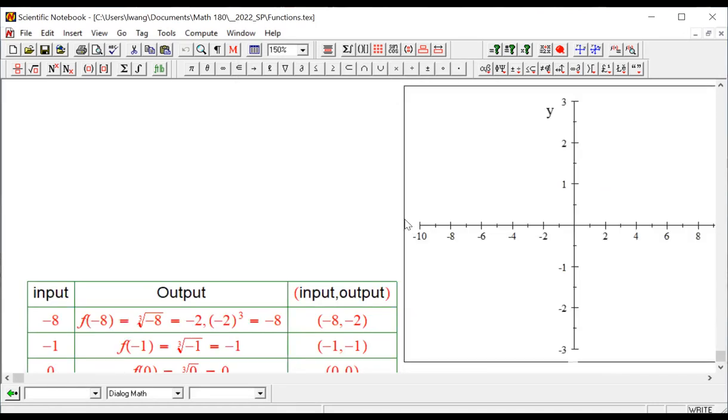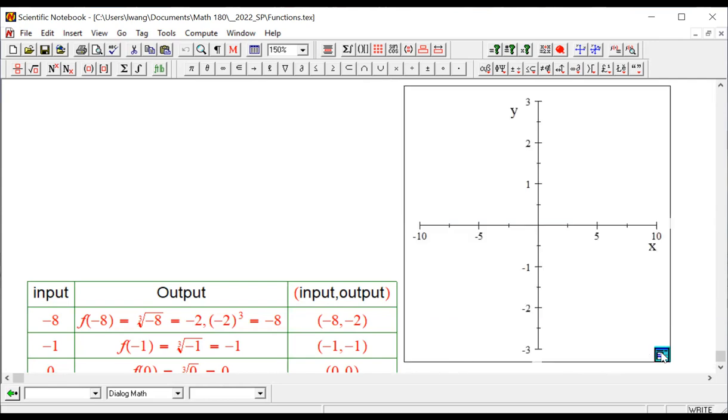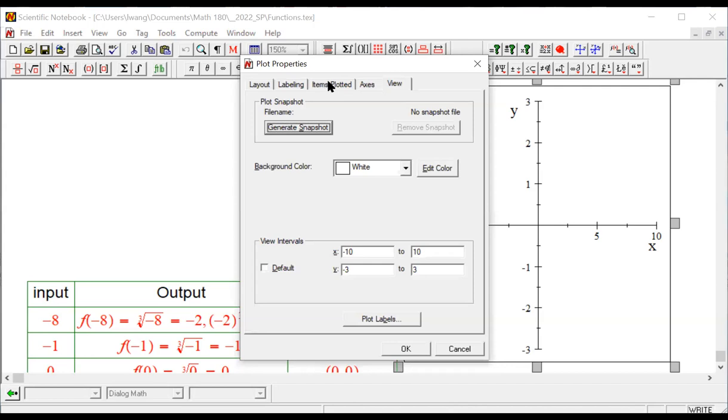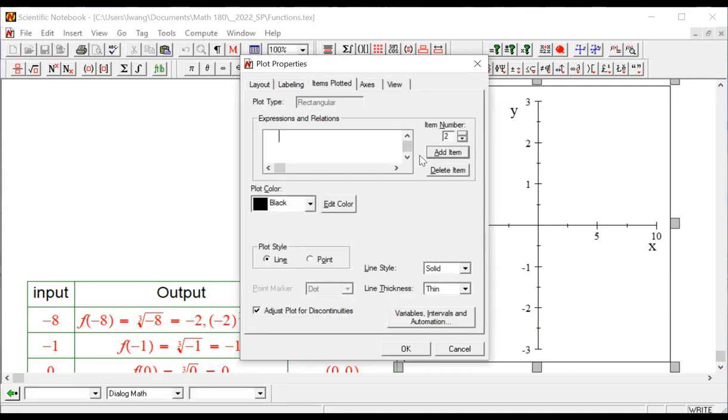All right, let's put the points in place. -8 input, output is -2. Input -1. I didn't choose any decimal numbers. We could. And 0, 0.